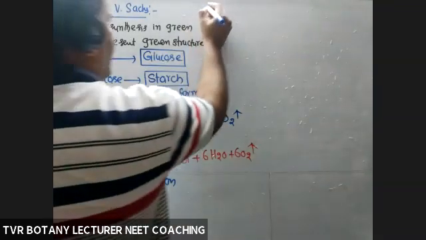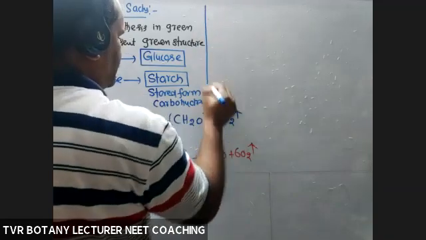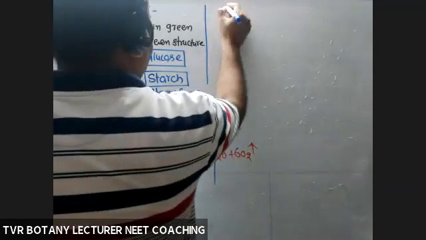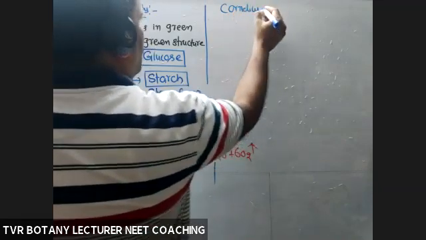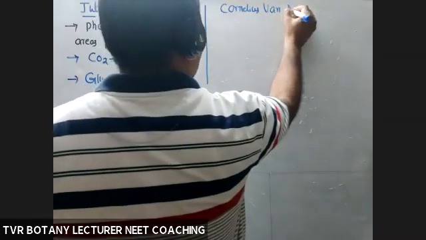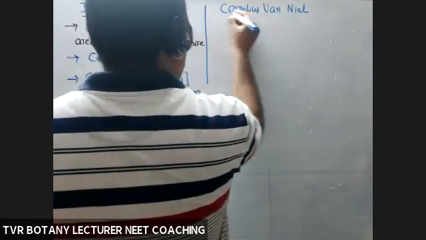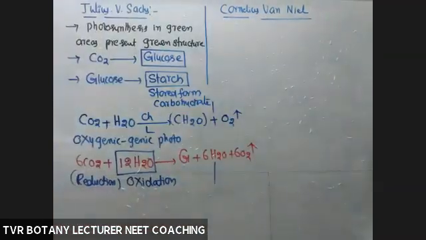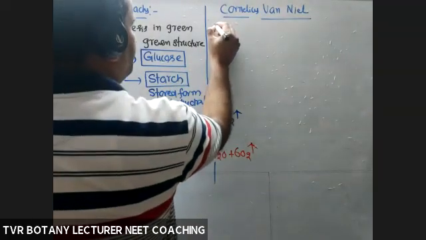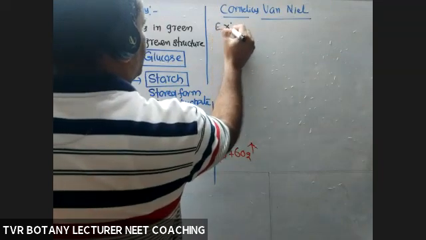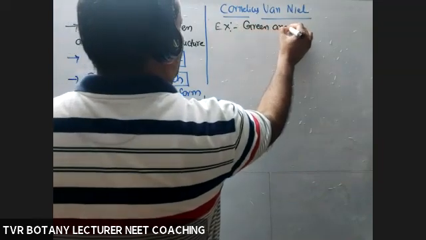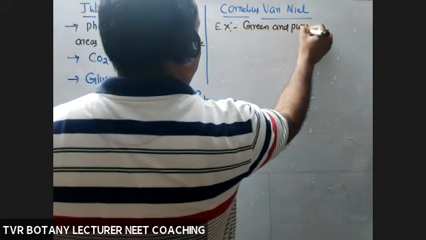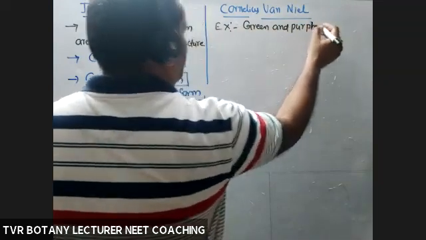Now, against this, what about the contributions of Cornelius van Niel, a microbiologist? He studied photosynthesis in green and purple sulfur bacteria.